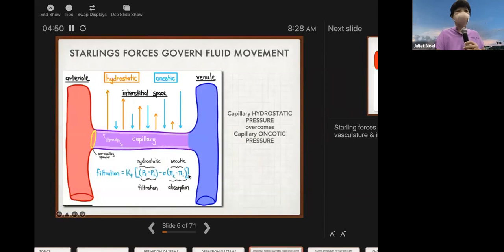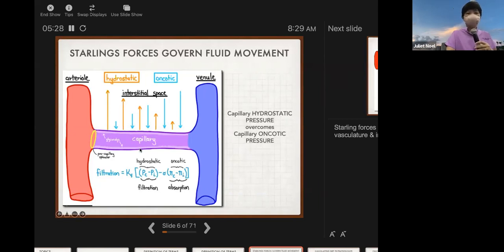So let's just review the Starling forces that you learned in first year. The cause of filtration is the difference between the hydrostatic and the oncotic pressure. When the capillary hydrostatic pressure overcomes the oncotic pressure, you will have filtration.